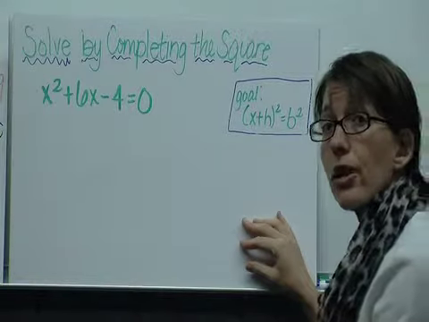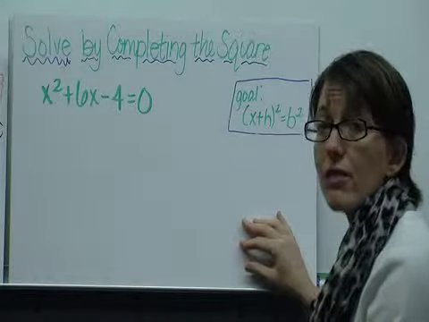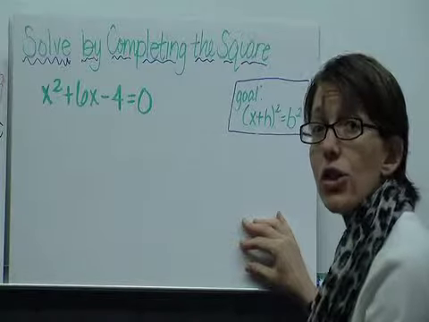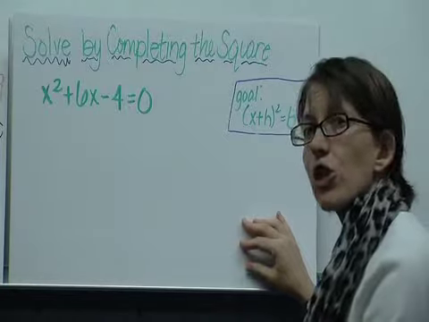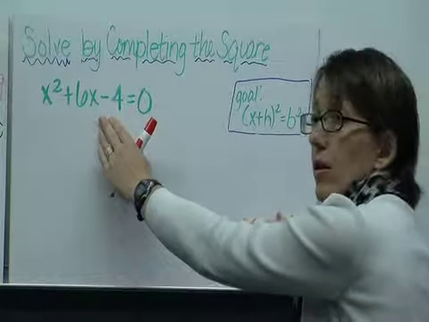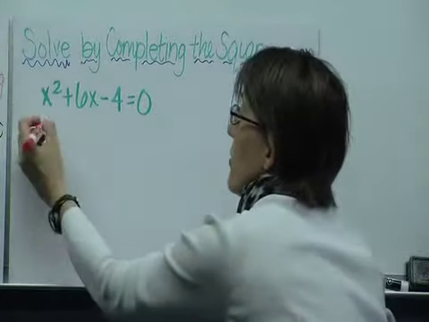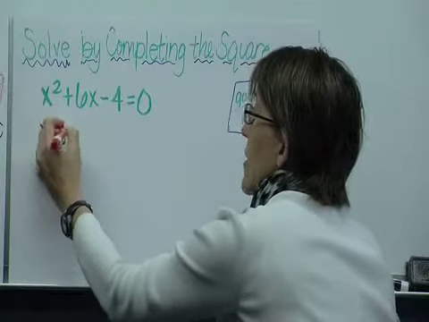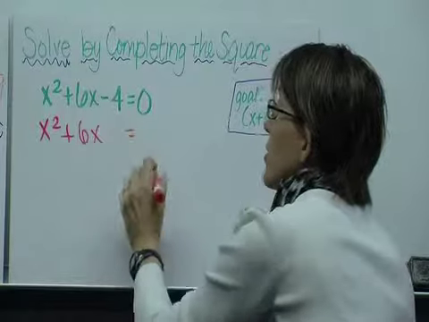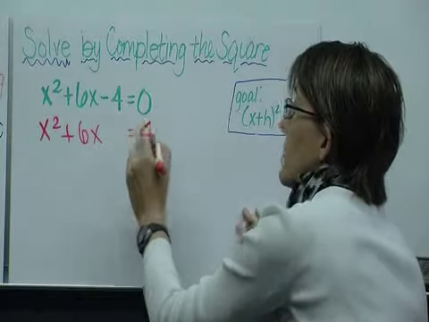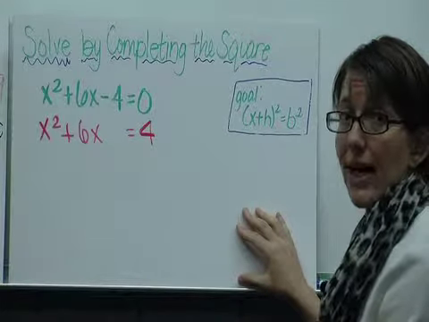So I need to turn the expression that's on the left-hand side of the equals sign into a perfect square trinomial. I do this by first moving over that constant term. So I'm going to rewrite x squared plus 6x equals positive 4. I've added 4 to both sides.